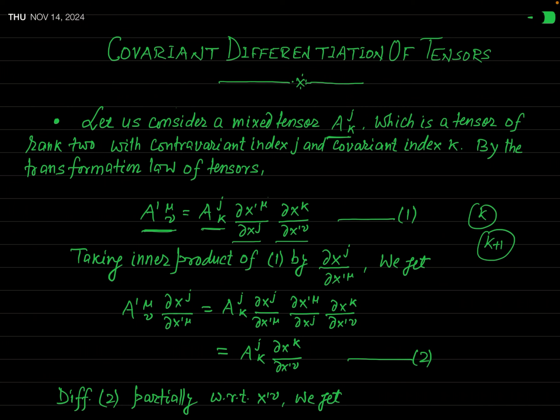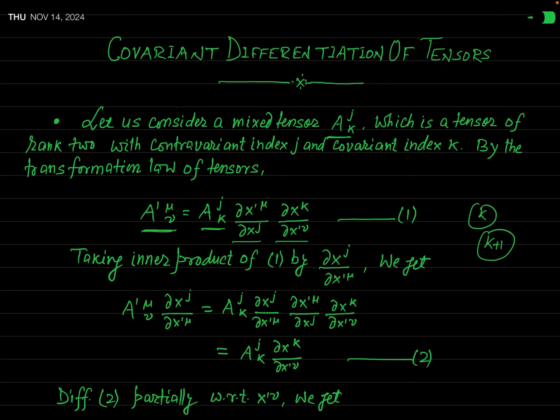Okay. This is the obvious transformation law. Now to get the final result, we will have to do some algebra, and so you must remember all those steps which I will talk about here.